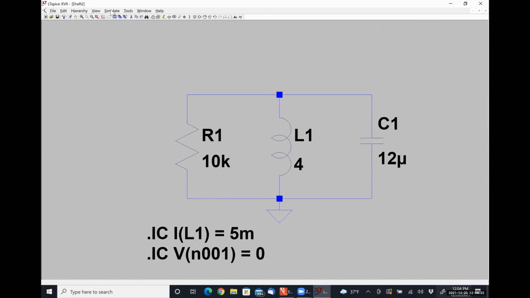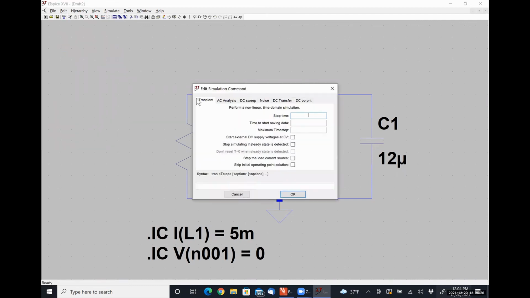I'm going to do a transient simulation. And let's see, my alpha was 25/6, right? So that's telling me how long this thing takes to decay. In this case, it's behaving a lot like a time constant, where 6/25 would be the time constant.